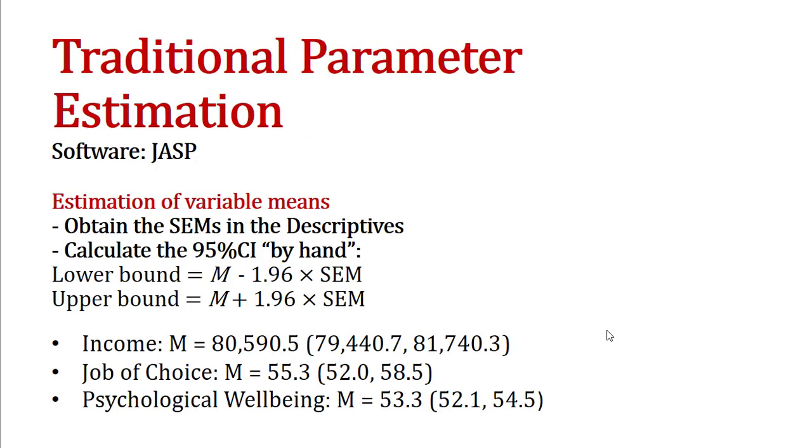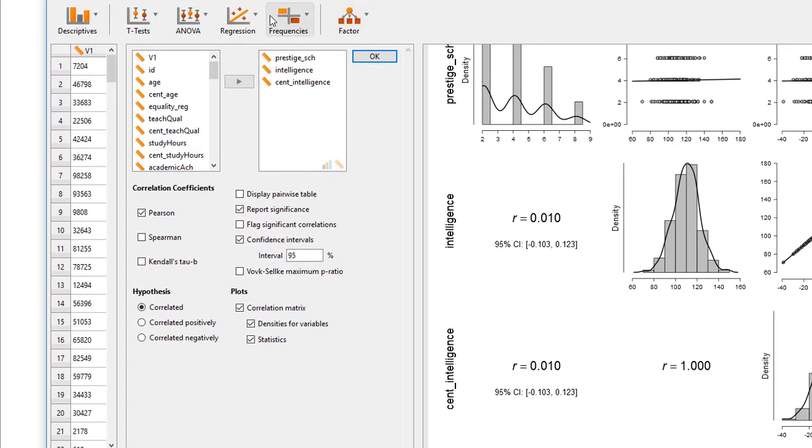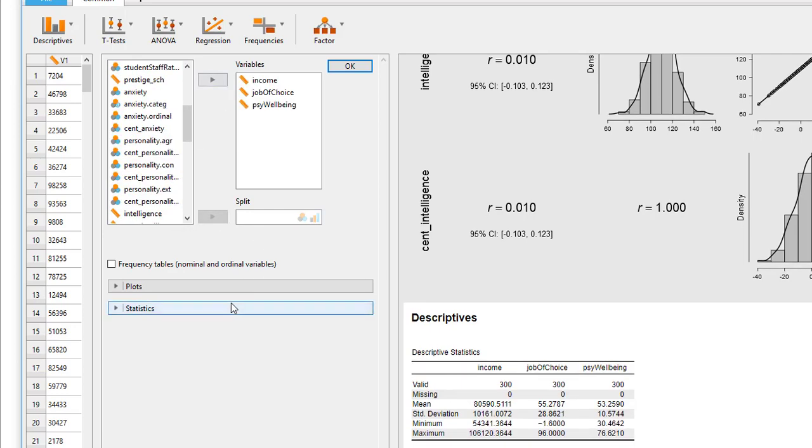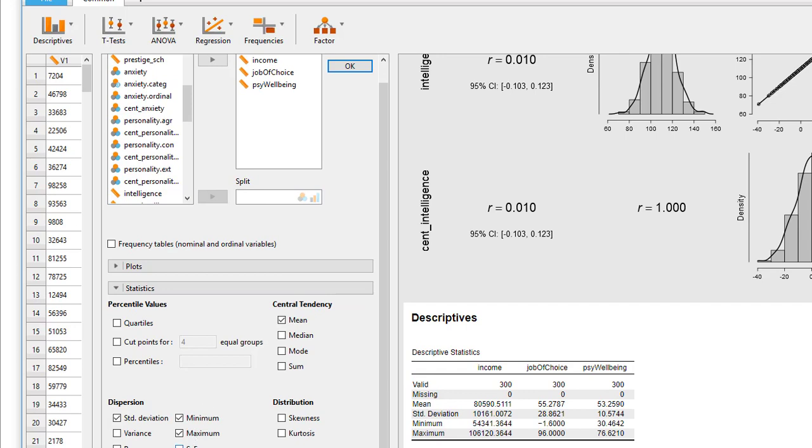Okay, so let's use JASP. So for the estimation of the means, we just use the descriptive statistics that we've seen. We add the standard error of the mean. So go to descriptive statistics. We click the variables of interest, income, job of choice, and psychological well-being. Go to variables, and in statistics we want the standard error of the mean.